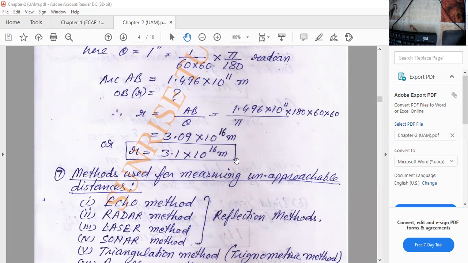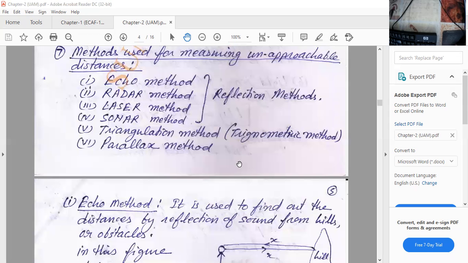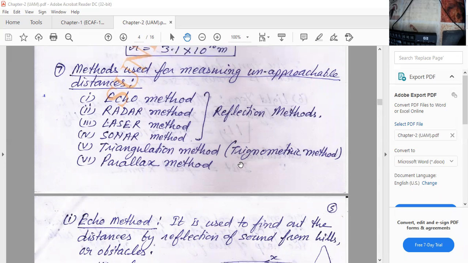I think this is also clear to you, right? Now here comes the next article, the seventh article: methods used for measuring unapproachable distances. Students, in our daily life there are many distances that we can measure directly with a tape or scales or any other instruments.